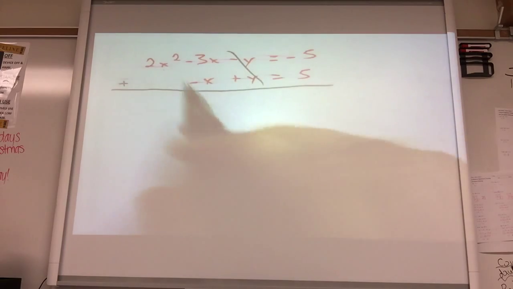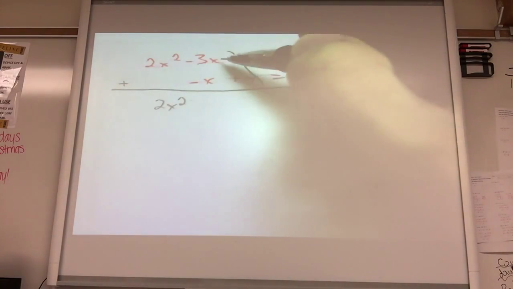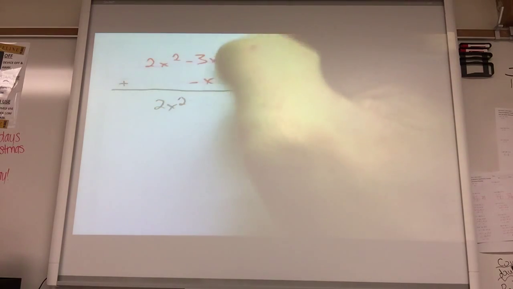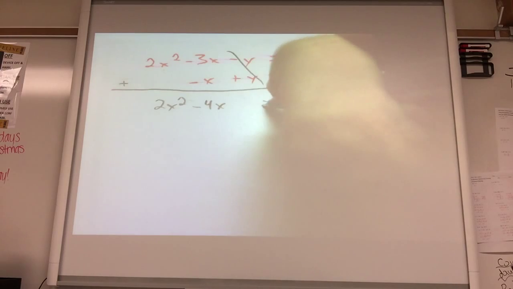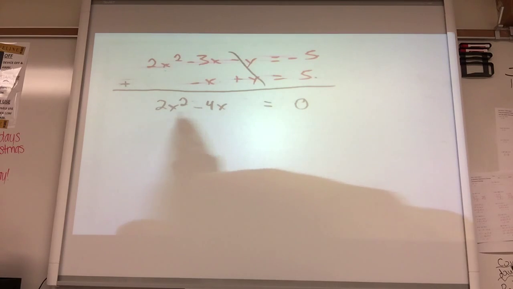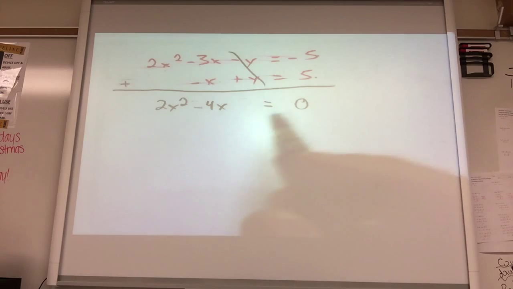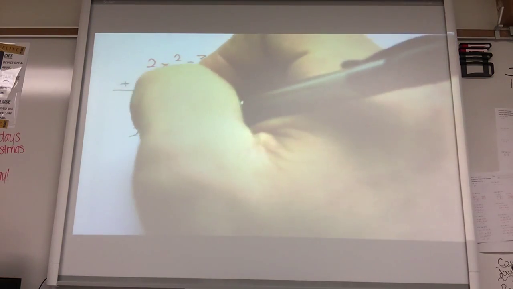They cancel out. So I have 2x squared, negative 3x plus a negative x is going to be negative 4x. And that's going to be equal to negative 5 plus 5, which is just 0. All right, so now I can solve this. It's set equal to 0. I could use the quadratic equation, or I could factor it. I'm going to go ahead and factor it.